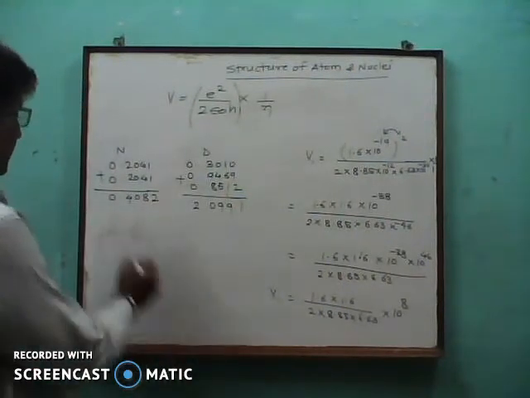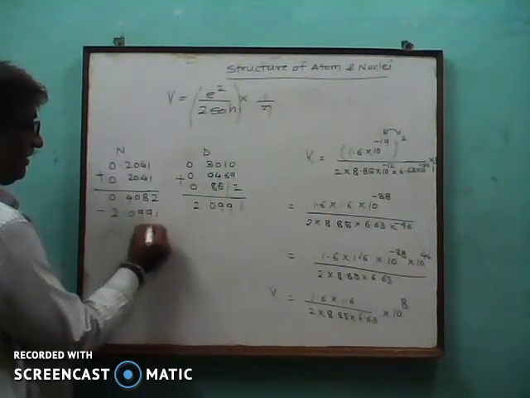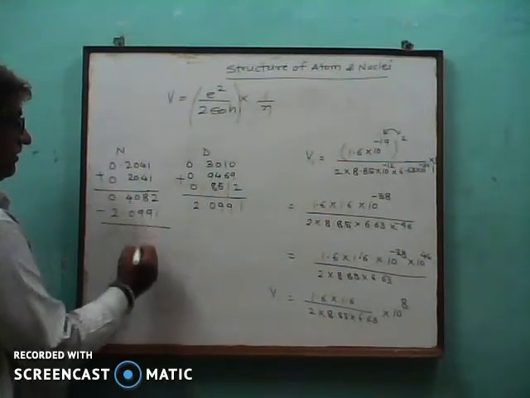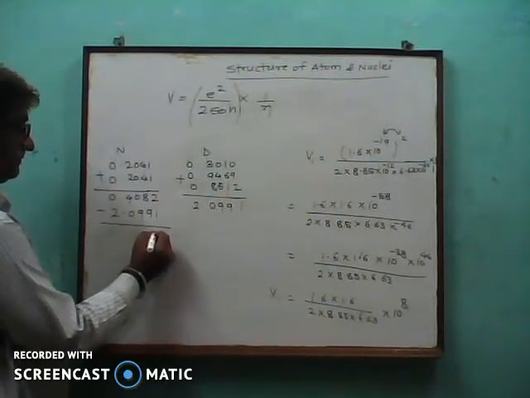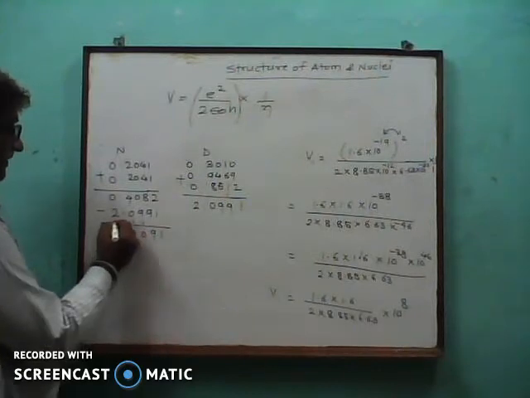If we subtract, their subtraction will be 1.9003, that is bar 2 point 9003.